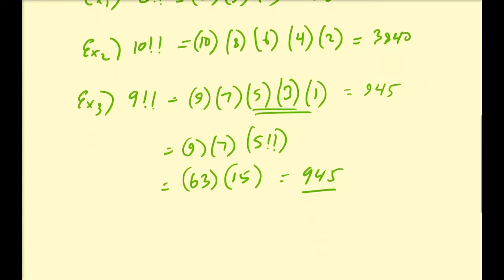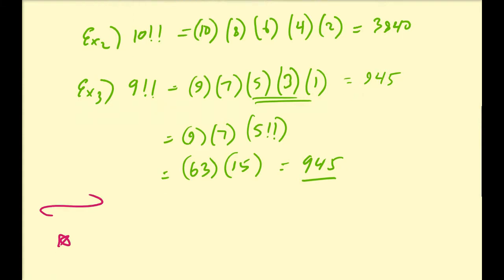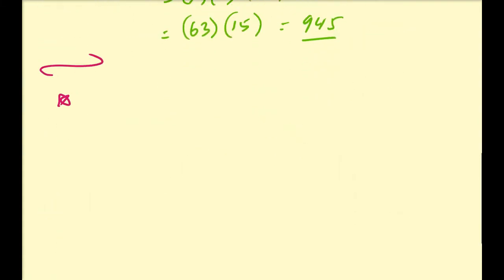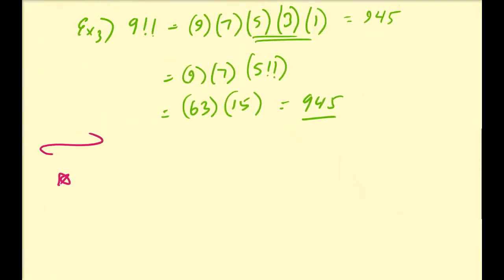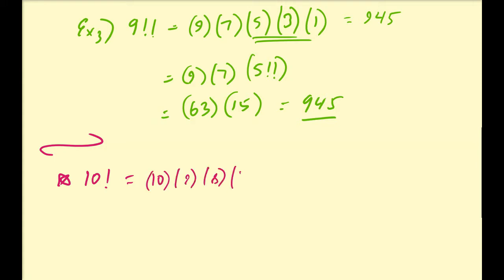All right. So let's do another example and see if we can get a property here. Let's just look at 10 factorial. 10 factorial, as we know, is 10 times 9 times 8 times 7 times 6 times 5 times 4 times 3 times 2 times 1. What I'm going to do is rearrange this product in terms of evens and odds.